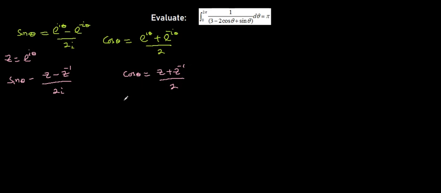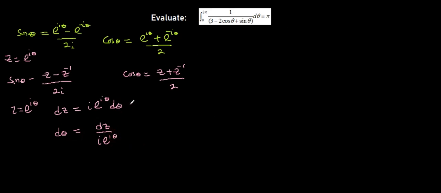Alright, so now if z is equal to exponential i theta, then dz will be equal to i exponential i theta d theta. So that means d theta will be equal to dz divided by i exponential i theta.